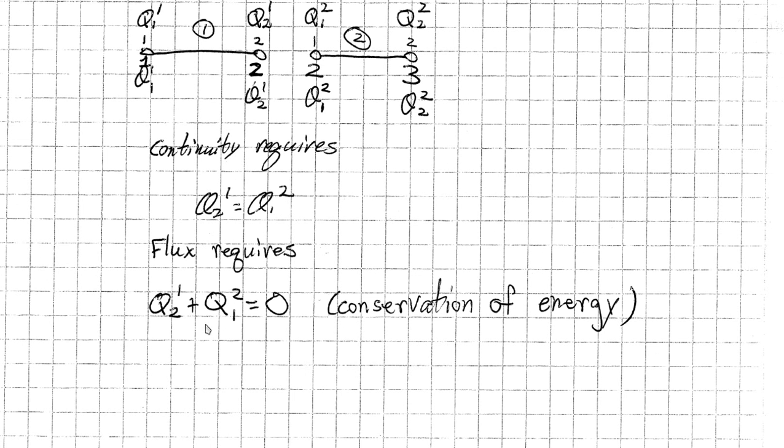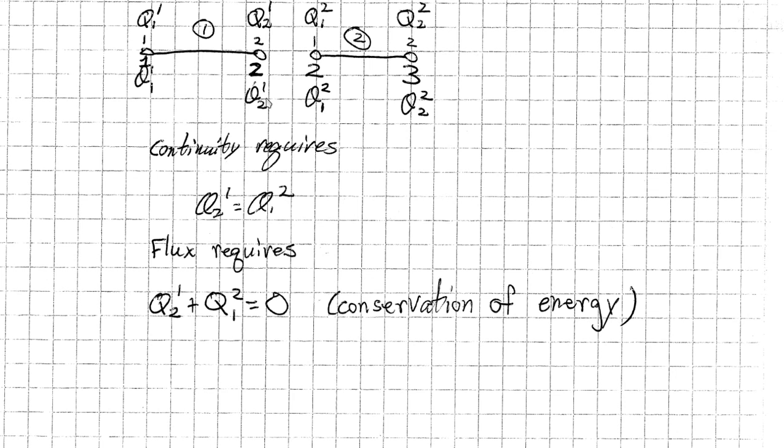Other issue is flux requirement. So if I have flux coming in from one side and the other side, to conserve energy, the summation of those has to be 0. The only time this would not be 0 is if I was inputting a flux on this bar. So imagine, remember we did one example where we had a wire running into a bar and this was generating heat from an external source.